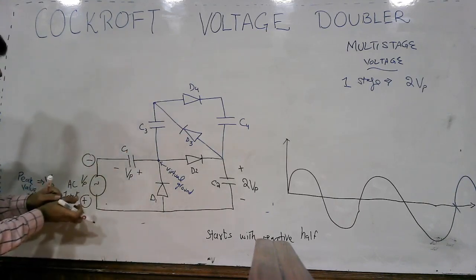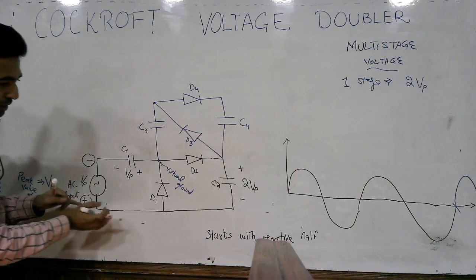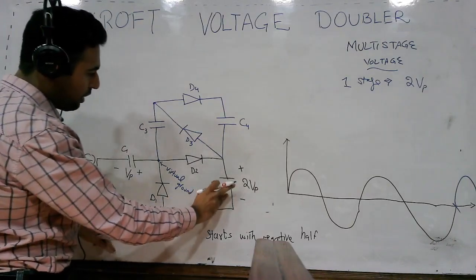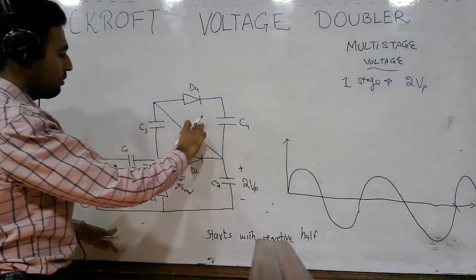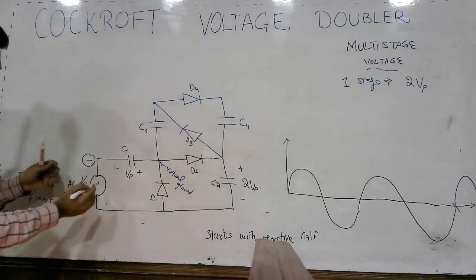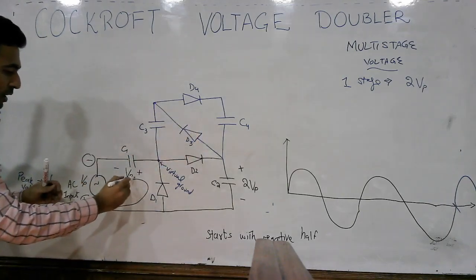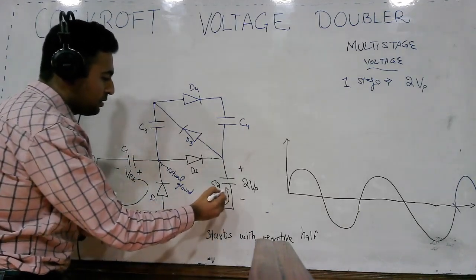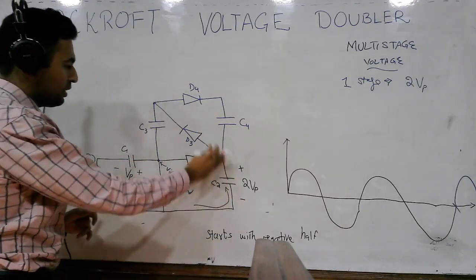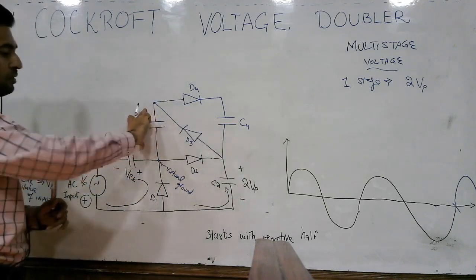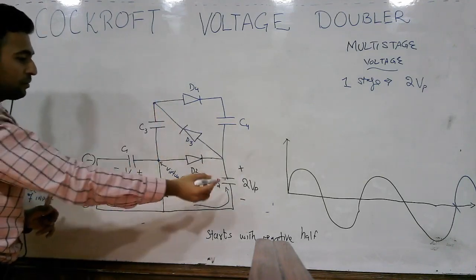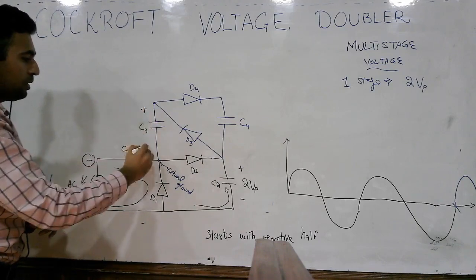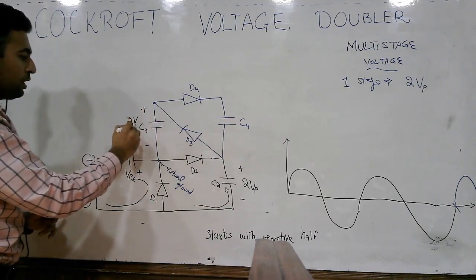Since here is the positive potential, capacitor C2 and diode D3 will behave as forward biased. The current is already flowing in this direction and there is another path such that capacitor C2 will discharge across capacitor C3, making the voltage here plus minus 2 Vp.